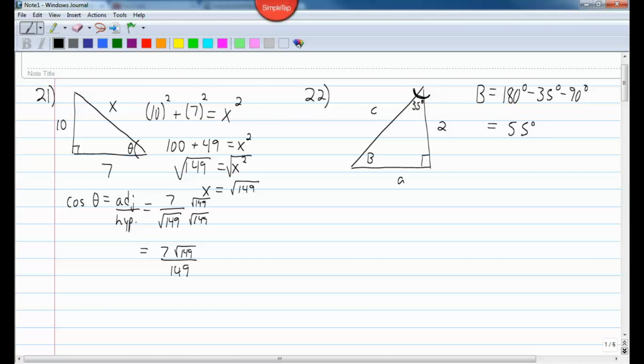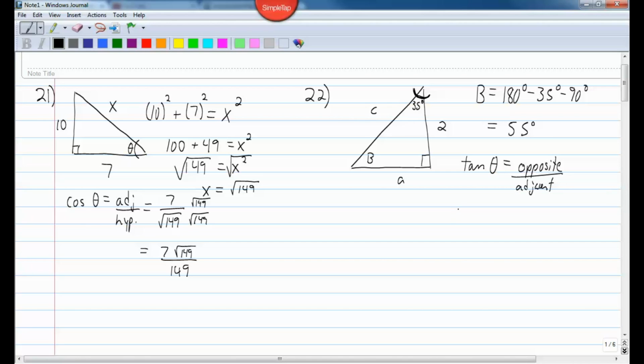I know this angle measure, I want to use this adjacent side, and from this angle, this is the opposite side. So I want to use a trig function that has adjacent and opposite. And if you recall, tangent of theta is equal to the opposite side over the adjacent side.